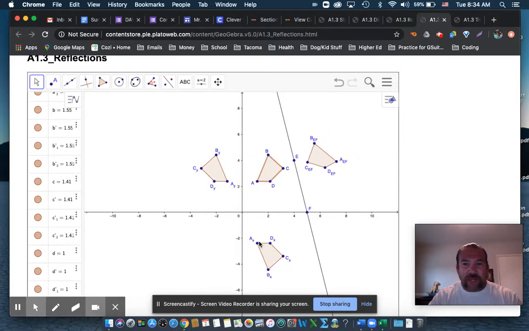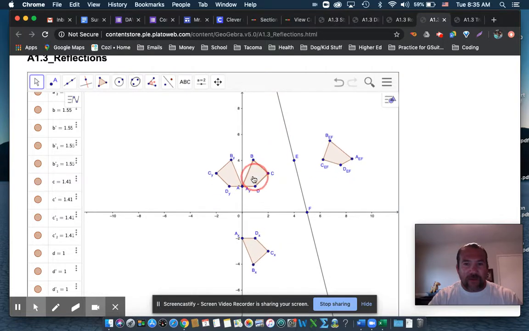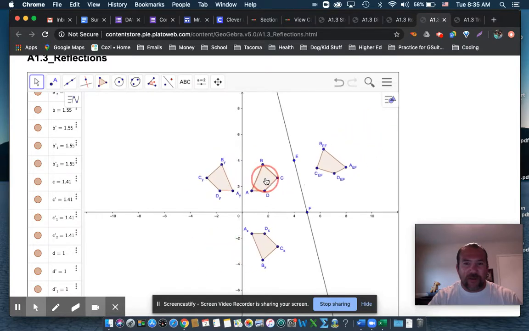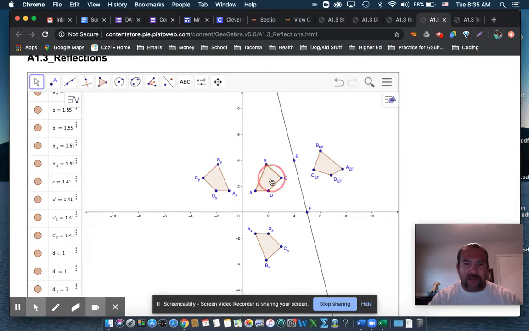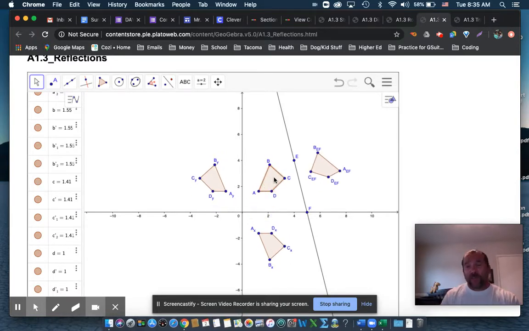This one down here is reflecting over our x-axis, and this one right here is reflecting over our y-axis. That's why when I go across, they switch spots. They're always reflecting over either this line for this figure, this line for this figure, and this line for this figure here.